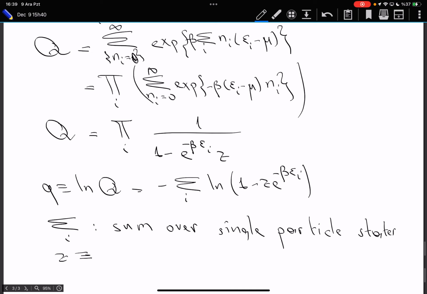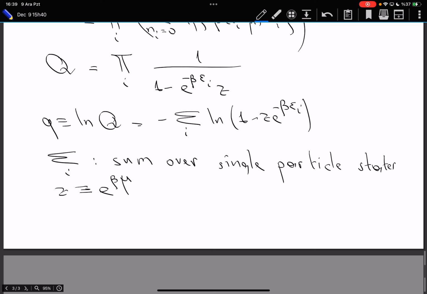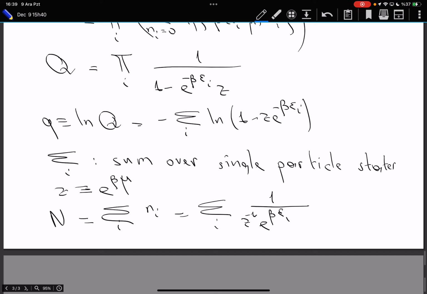Z is defined as e to the power beta mu. And we had also shown that the number of particles is equal to the sum over i of N_i, which is the sum over i of 1 over (Z to the power minus 1 e to the power beta epsilon_i minus 1). This is the total number of particles.